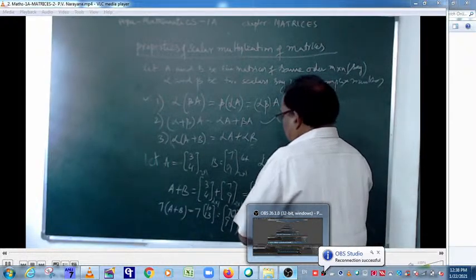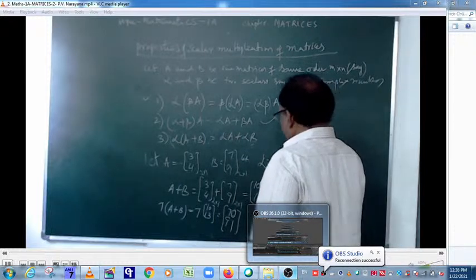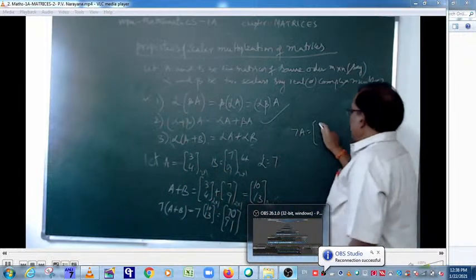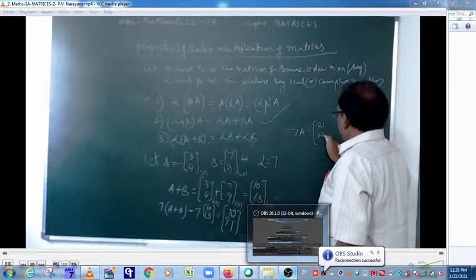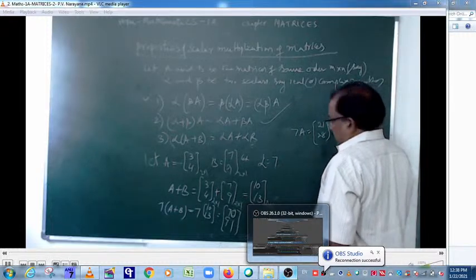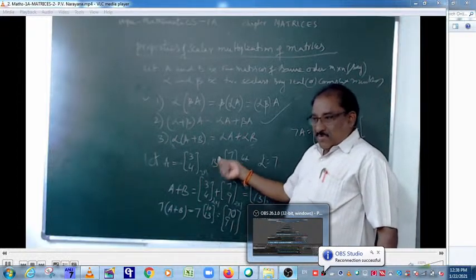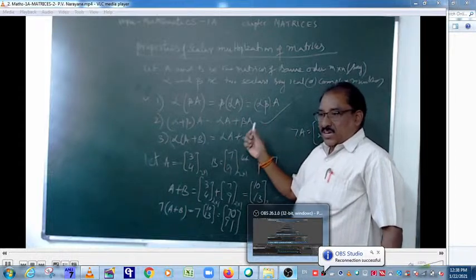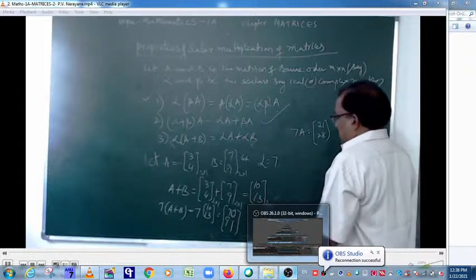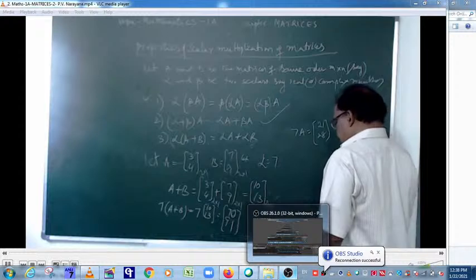On the left side we have 7A plus 7B. 7A is equal to 7 times A, which is 21, 28. And 7B we get by multiplying each element of the matrix B with 7, giving 49, 63.